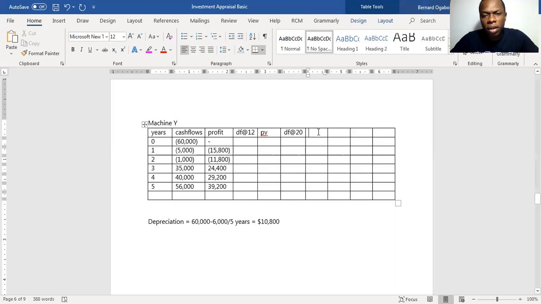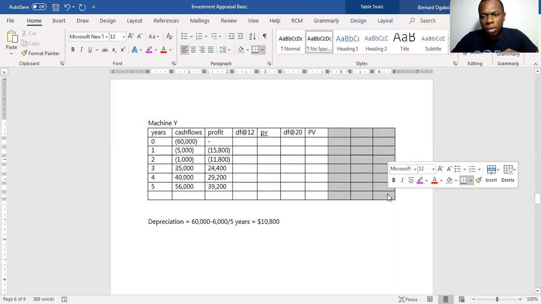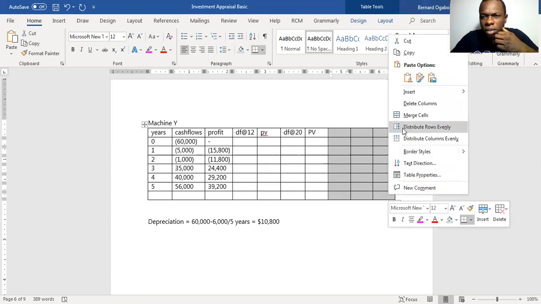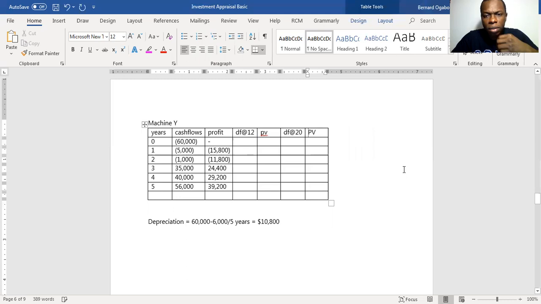Then I look for my PV. So I need to take all these, delete columns. Good.